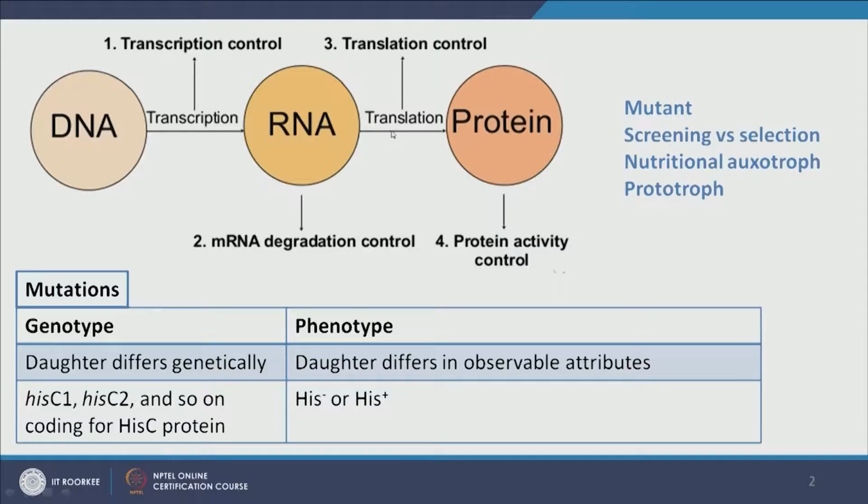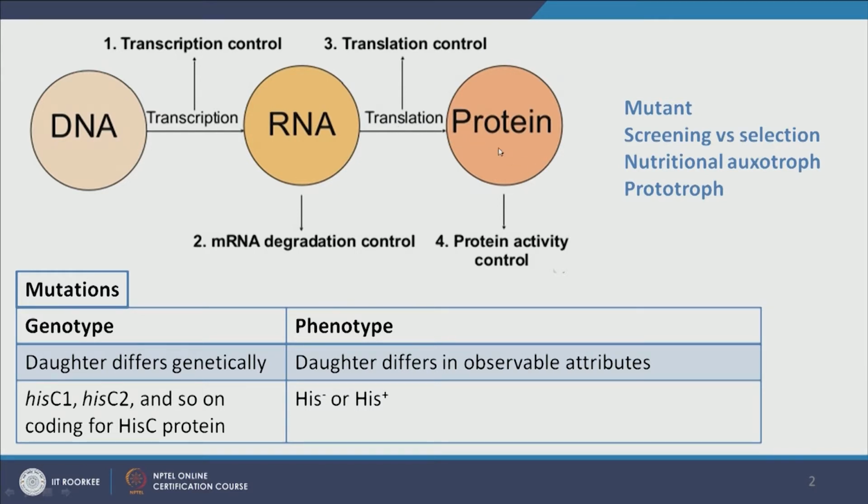The third step of regulation of protein formation is the translation step. Even if I have made mRNA, let us say transcription is successful and the mRNA has not been destroyed yet, even in the translation step, when a copy is made from mRNA, there is quite a possibility for the cell to control how much protein is expressed.